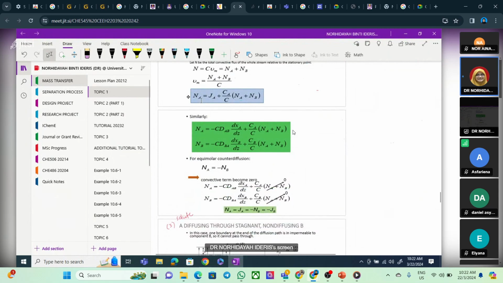However, NA has a similar unit to JA as well. So if JA's unit is kilogram mole per meter square second, it goes the same for NA. You have to memorize this, because in our syllabus we use SI standard units, so it must be in kilogram mole over meter square second.